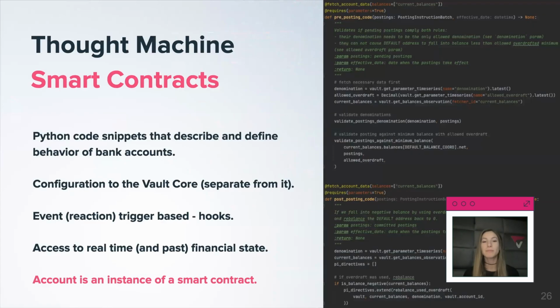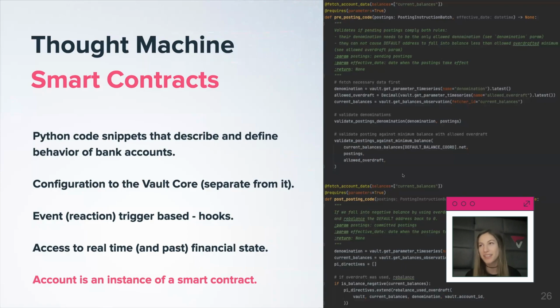So, what then the smart contracts are? Smart contracts are Python-based code snippets that allow me to define the logic or behavior of bank accounts or bank products. Before we move on to a further explanation, you can see that I have a screenshot of a smart contract code here.